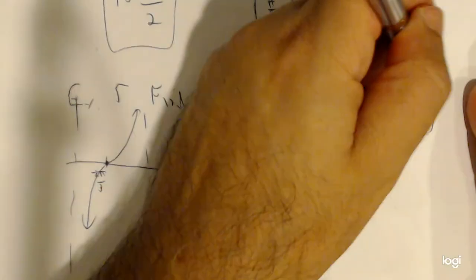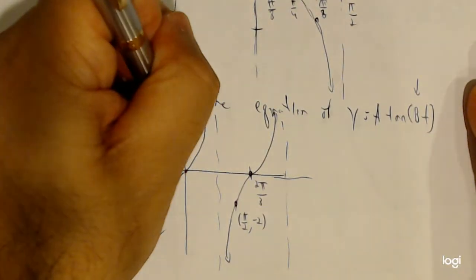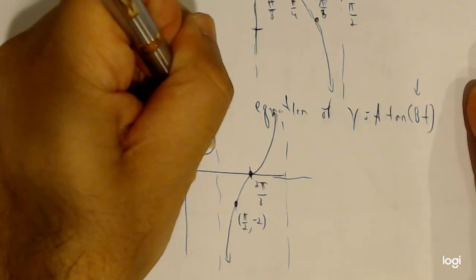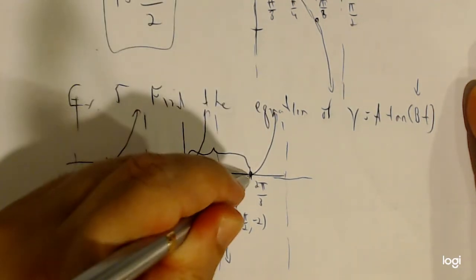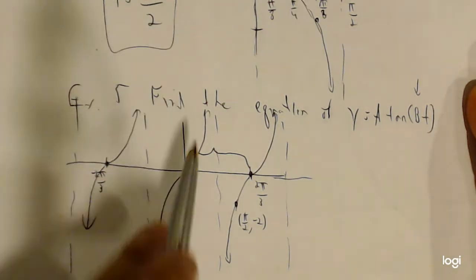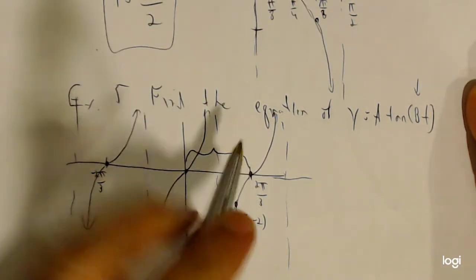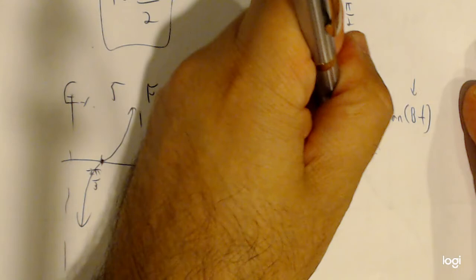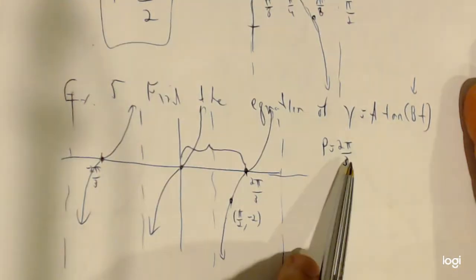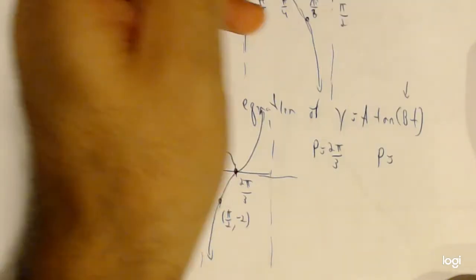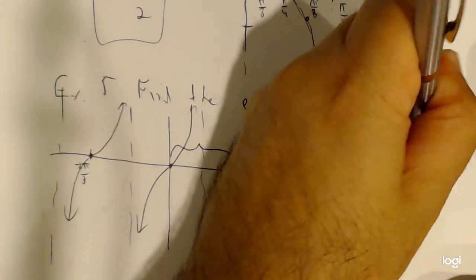So let's go after the b first. We could see that one period of this is what? See, this 0 and that 0 starts repeating, and I've traveled from 0 to 2 pi over 3, so we know that the period is 2 pi over 3. So we can use this to help us find b, because what was the formula for period? It was pi over b.